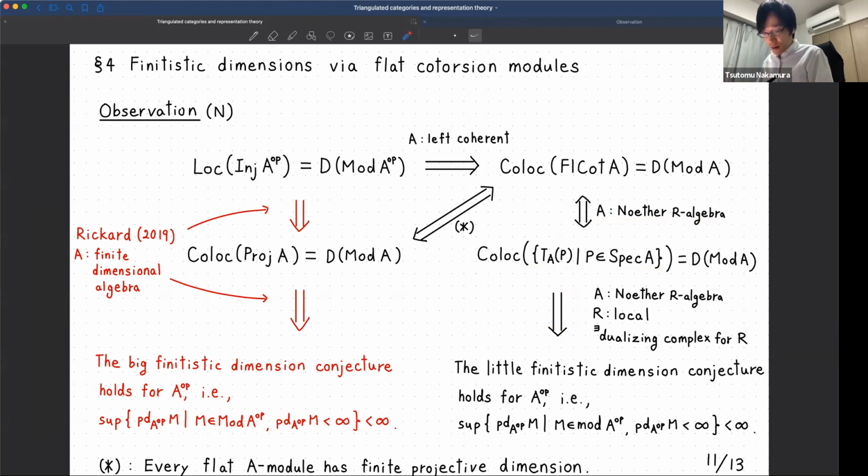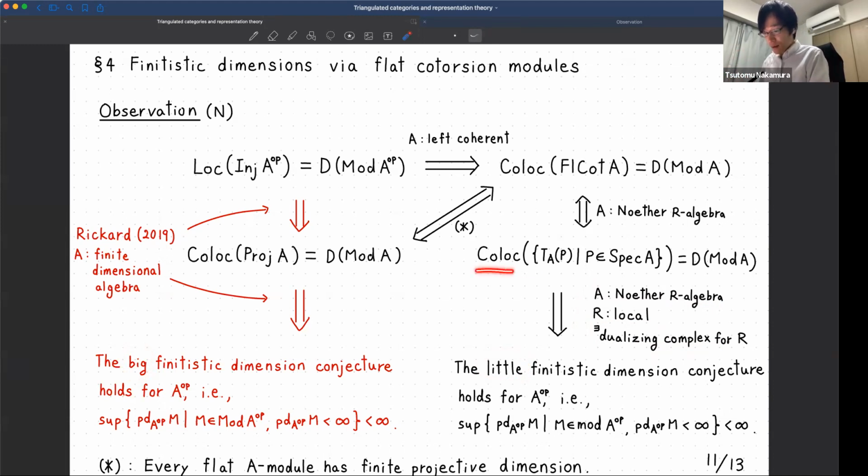For this implication, A is a Noetherian algebra and R is local, and I only assume that R admits a dualizing complex. This situation includes the classical case. In this case, I had to replace big by little for a specific reason.